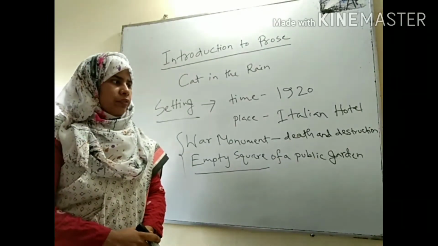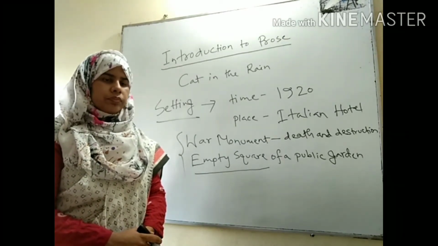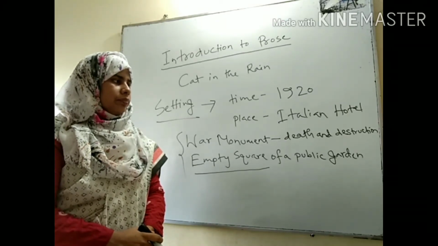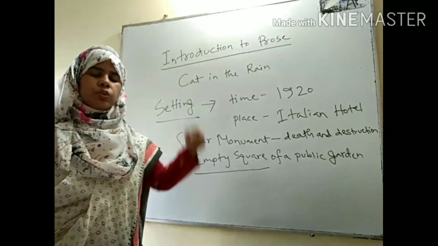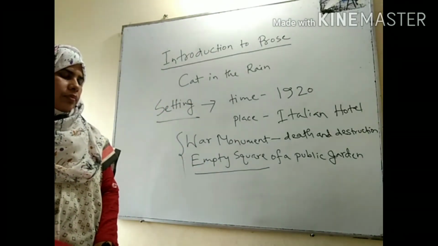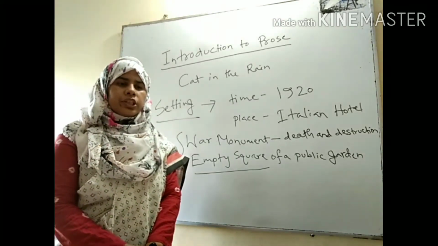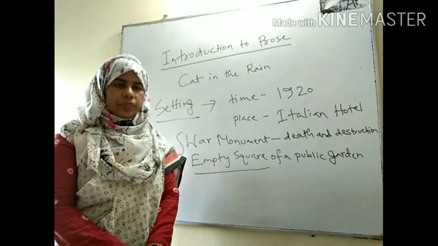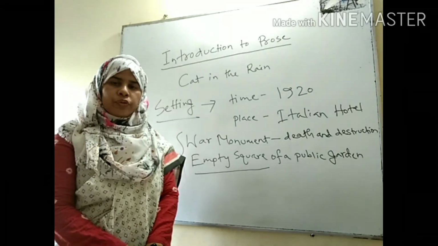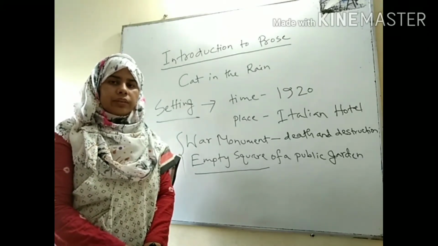And the couple have no child, and so the wife immediately feels to have the cat. And so she tells her husband that she wants to get the cat. The husband says that, okay, I'll bring it for you. But actually he is busy in his reading.